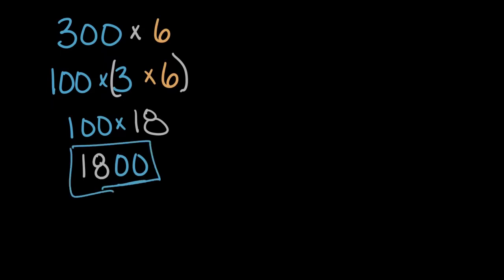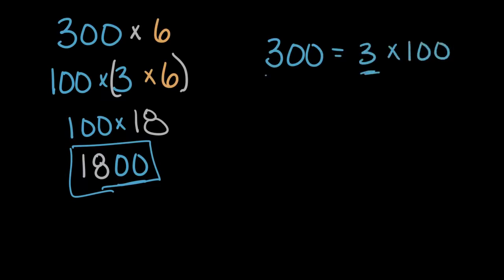Just like up here, just like we saw that 300 is equal to 3 times 100, or our 3 with 2 zeros on the end. Well, same thing here. 18 times 100 is 18 with 2 zeros on the end, or 1800. So 300 times 6 equals 1800.